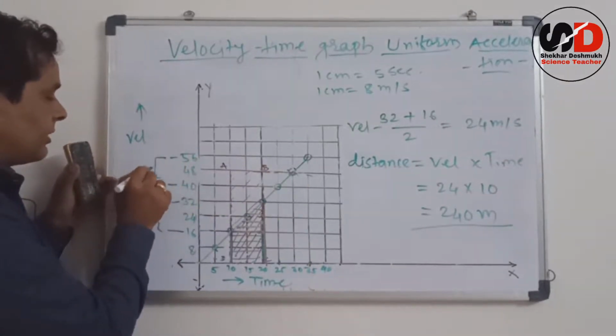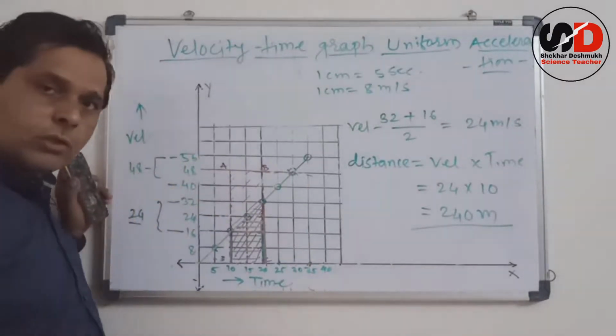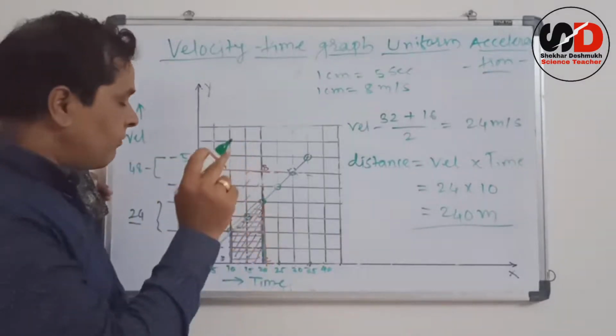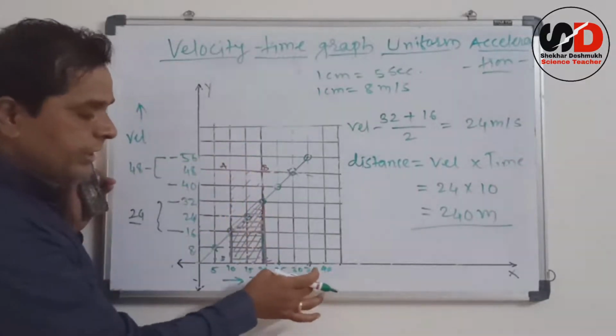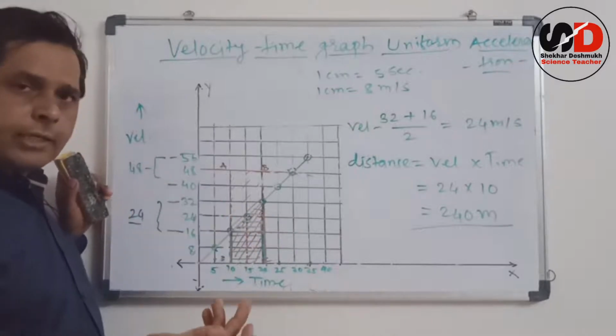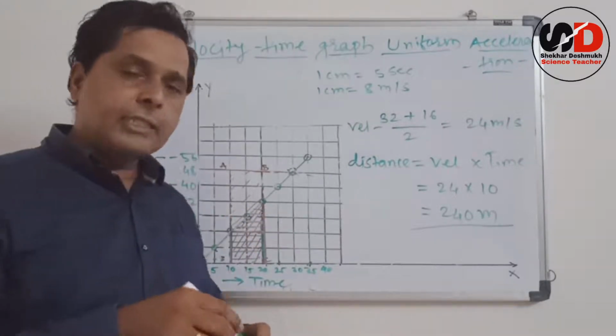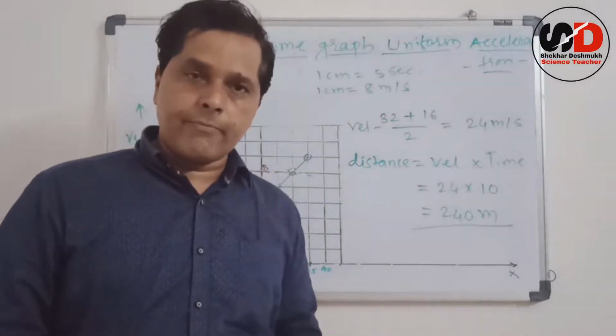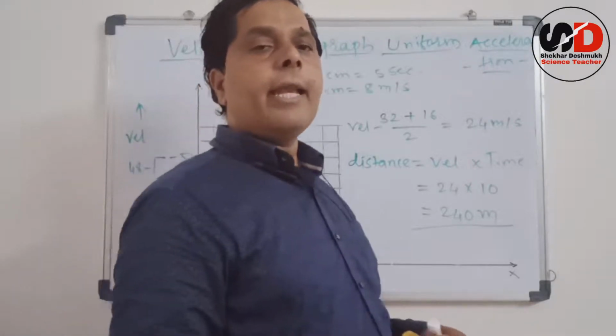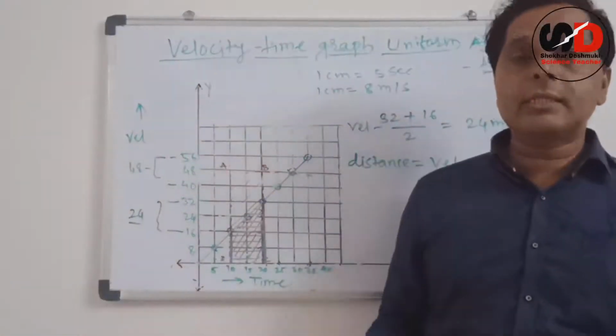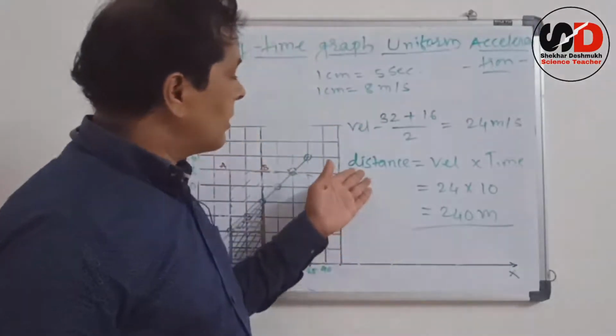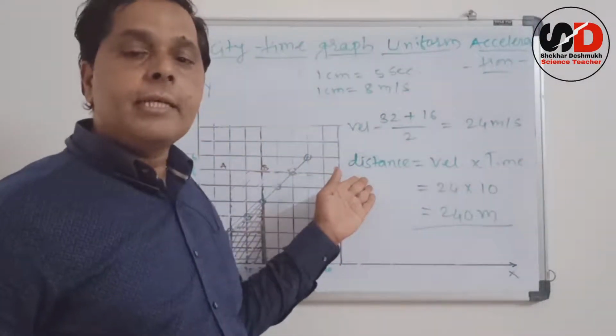So the average is 48. The average velocity is 48 and the time is 10 seconds. So it is 480. As the velocity is not constant, it is changing, therefore we can calculate the distance covered easily by using this formula.